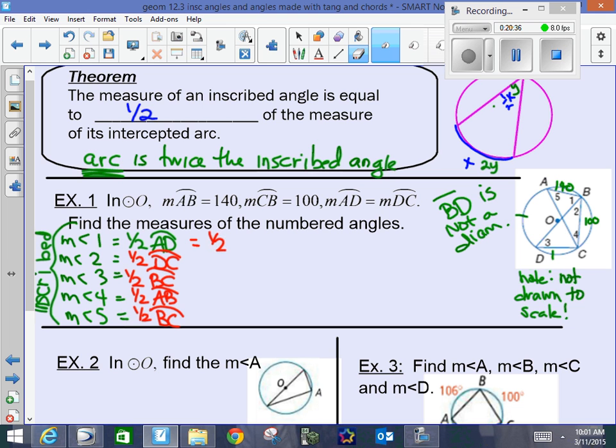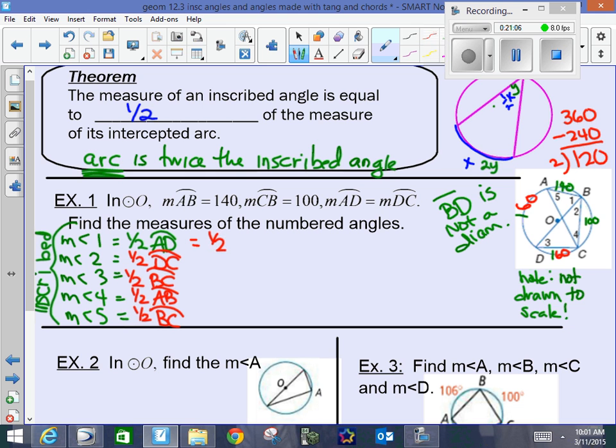Bridget? 360 minus what's used already, 240, so that's 120, right? Very good. So 60 and 60. A lot of times when I start these problems and they're pretty elaborate, I'll go ahead and get all these arc figures, and then I can see what I can do with them.